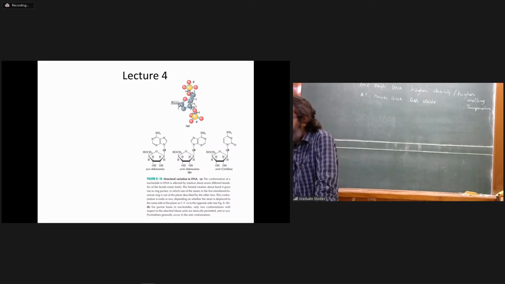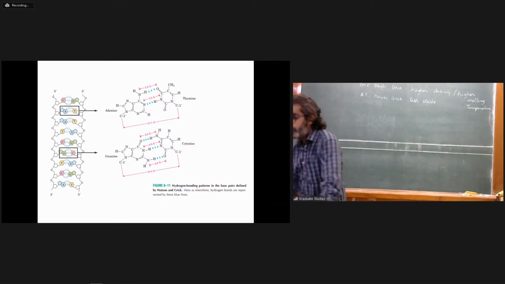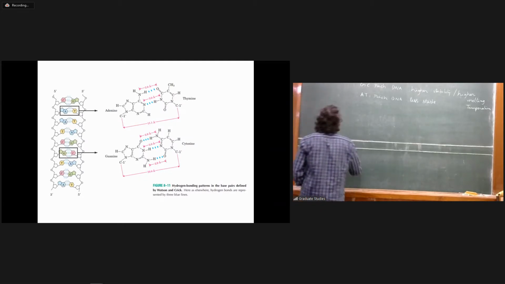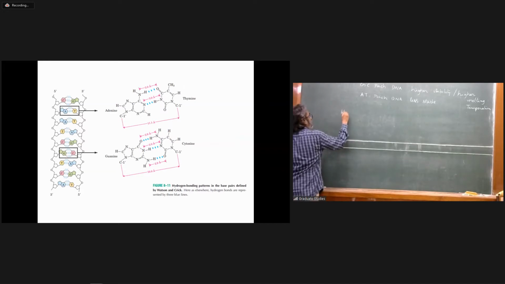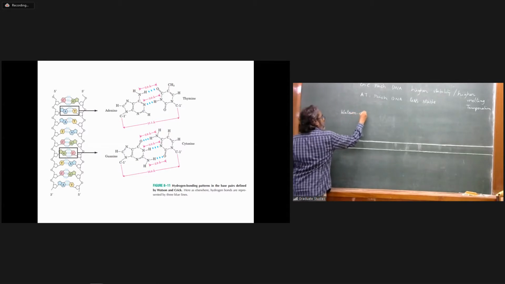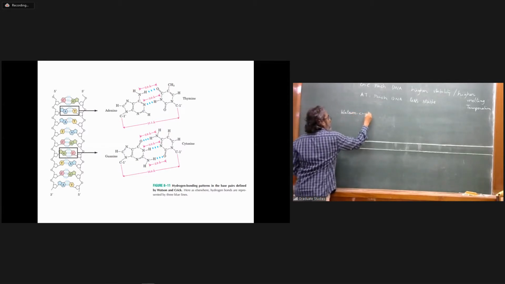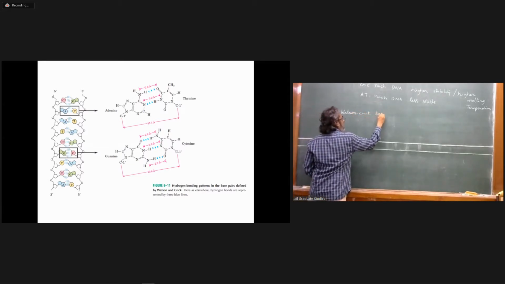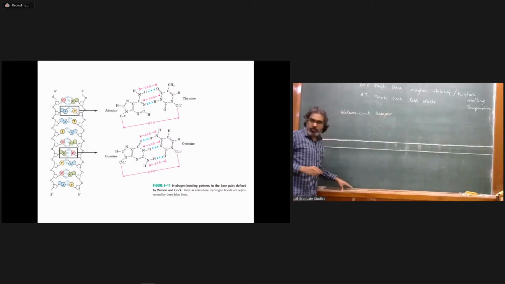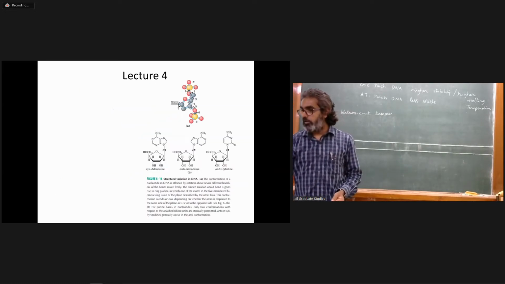Now if you add this complexity to the double-stranded structure which we learned in the earlier class, which is called Watson-Crick base pairing, the more stable base pairs are GC and AT, because the hydrogen bonding is perfect.